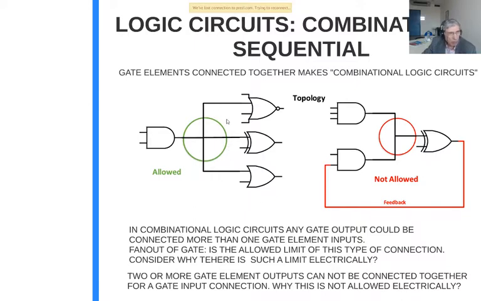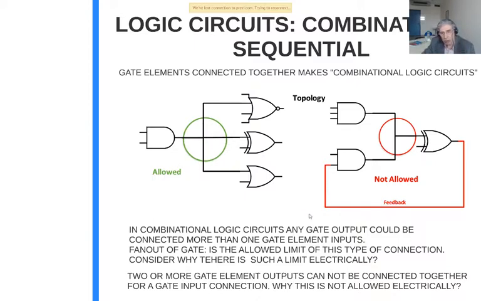With less power input to the AND gate, it may not work properly. Therefore, there is a limit, or fan out restriction, for the elements. So it is allowed, but there are some restrictions on it.